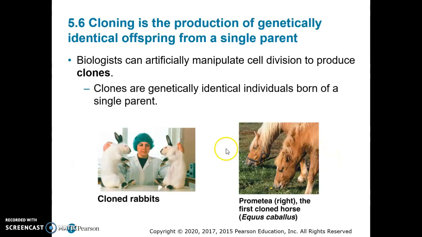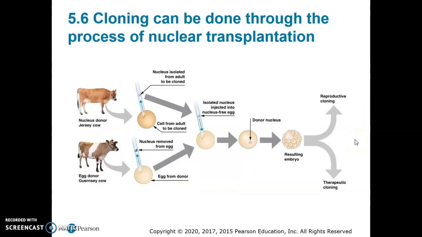Anyway, I've included a nice video on cloning 101. Take a look at that so you can actually see the process by which it takes place. You've got to have a cell from one donor, usually the female donor.